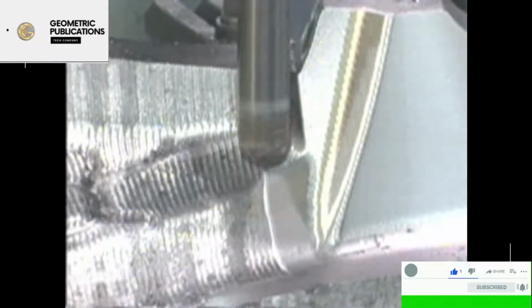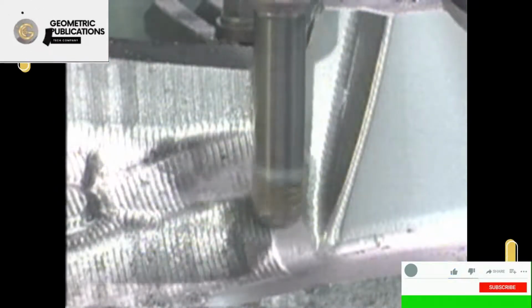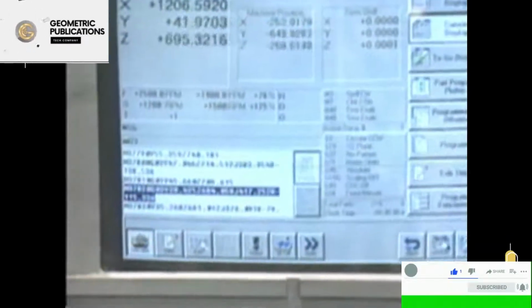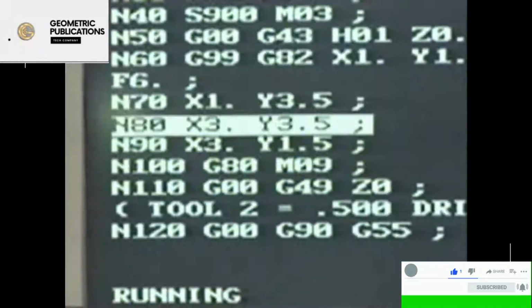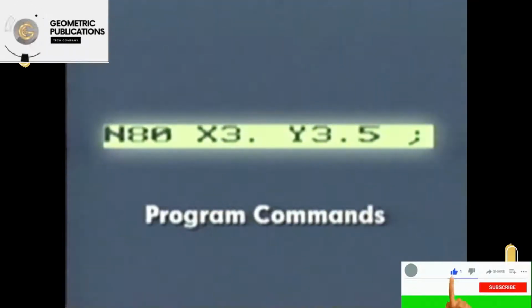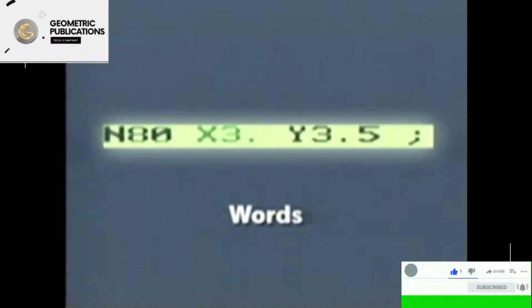For any computer numerically controlled machine to function, it must be instructed on what to do using a part program. Part programs are produced using commands or blocks that are composed of words. These words all begin with a letter address and end with a numerical value.